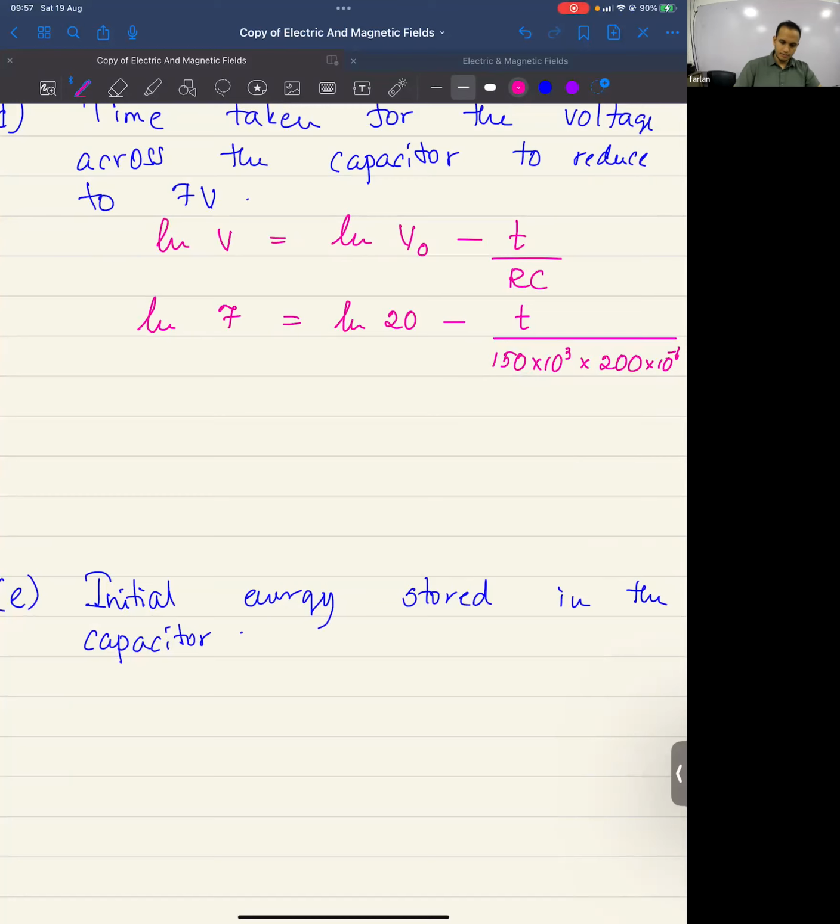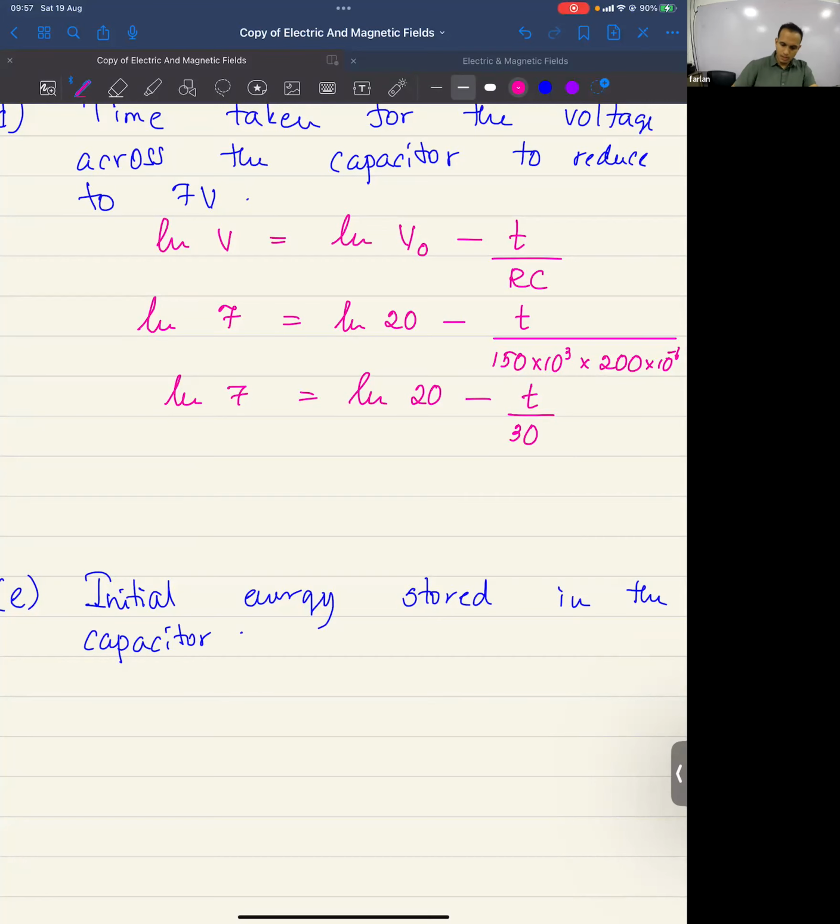So guys, 150 into 10 to the power 3 into 200 into 10 to the power minus 6 will be 30. So ln 7 equals ln 20 minus t over 30.